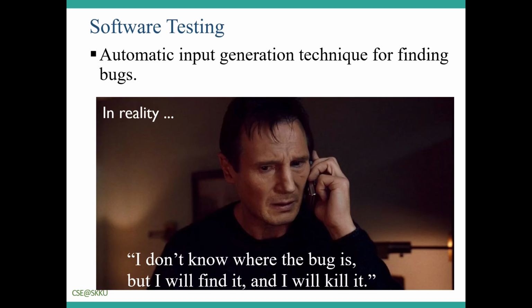However, in real-world programs, software testing techniques often struggle to pinpoint where the bugs are located because of the high complexity of modern software. More specifically, the number of possible executions grows exponentially with the number of branches.